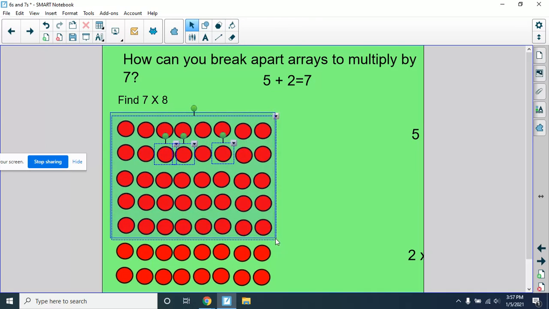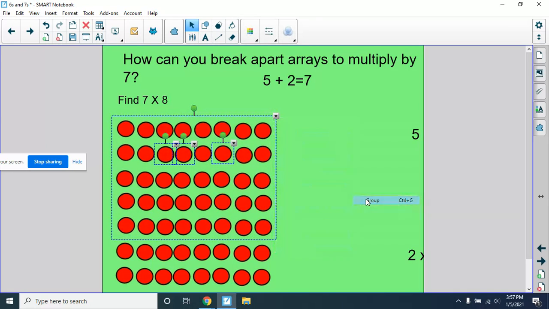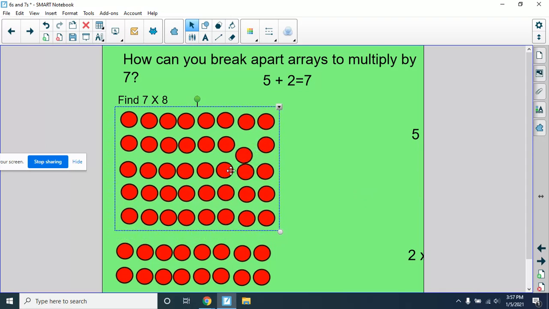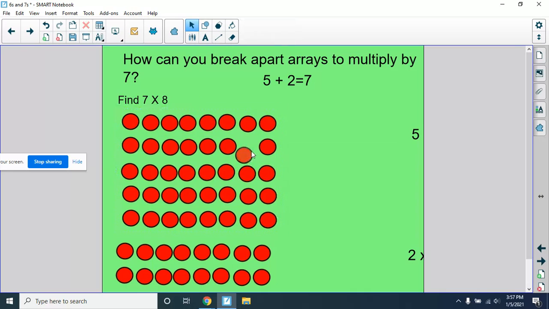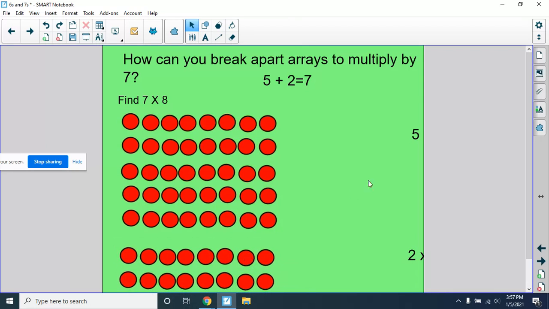And let's put those all back together and group that. There we go. So now I can break it apart into 5. Oh, one little straggler. Sorry about that. Put that back up there. And 2. This should work. There we go.